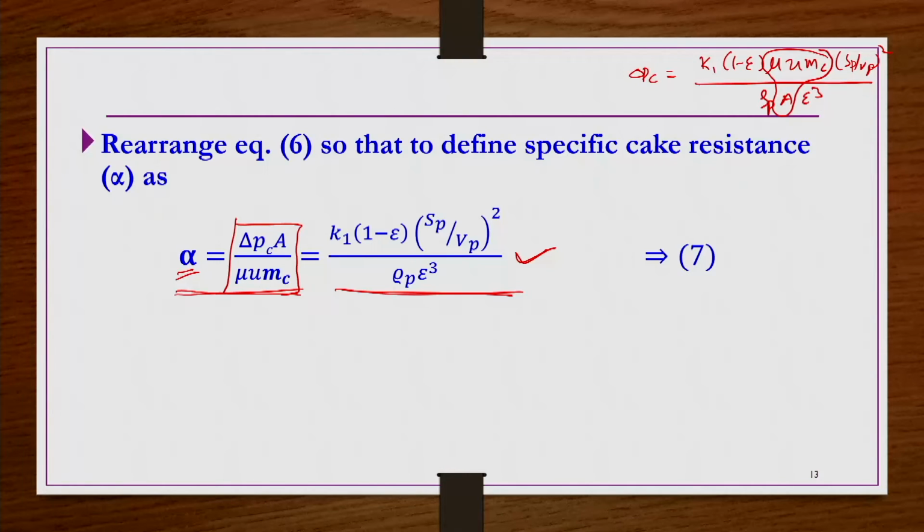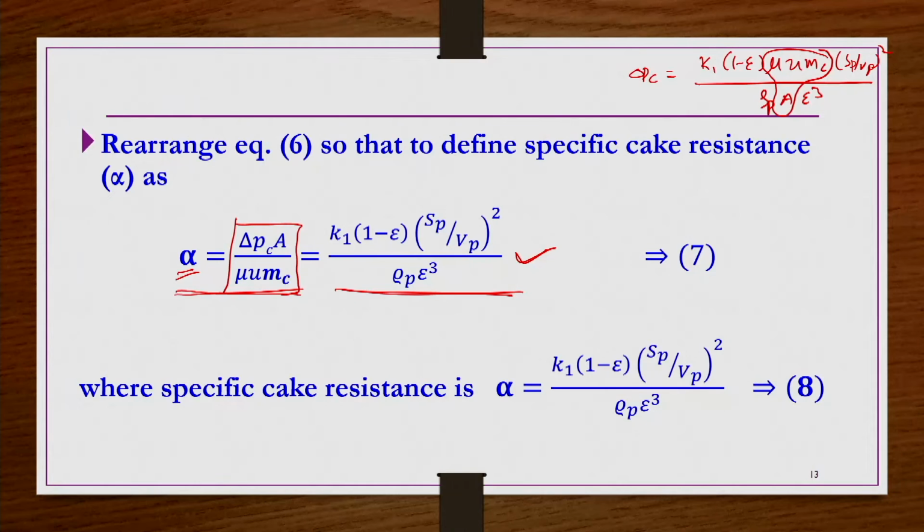This alpha, if it is independent of pressure drop dP and independent of the position L, then we call it an incompressible cake. Here, specific cake resistance is nothing but this one.